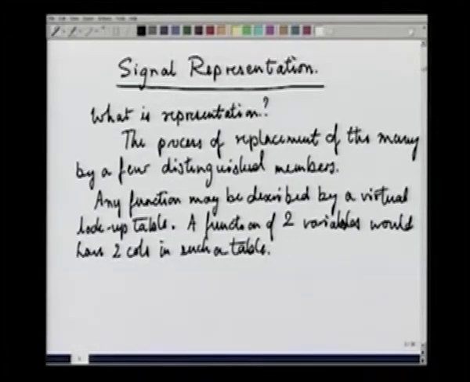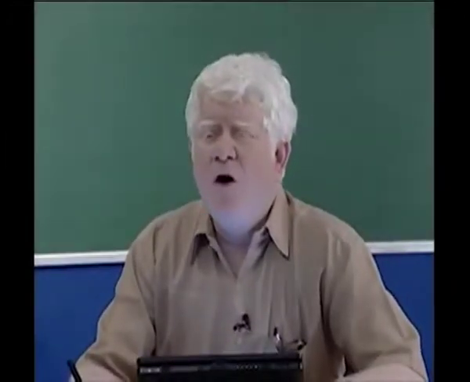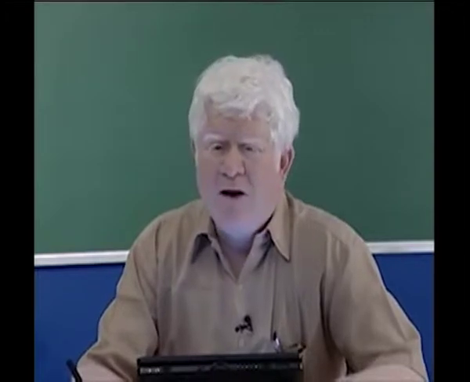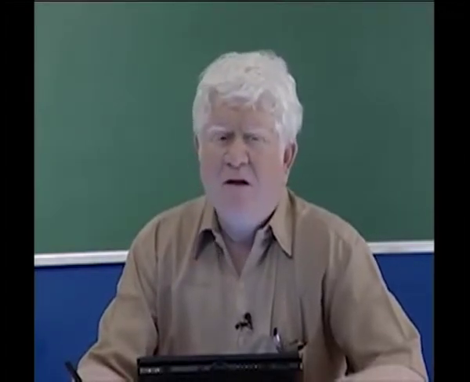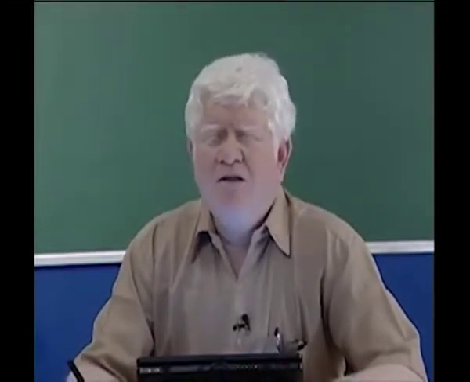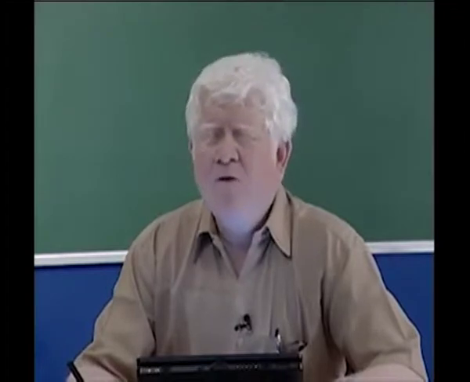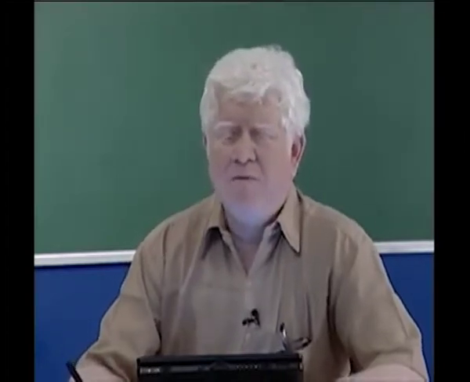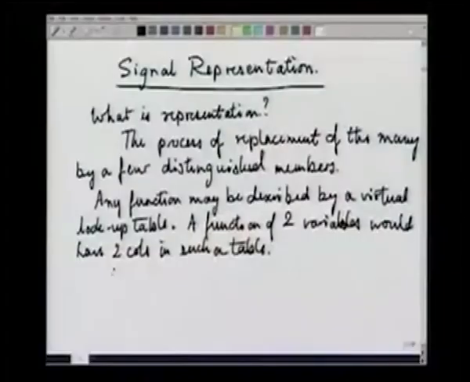The left column would carry a list of all possible values that the independent variable can take, and the right column would carry the corresponding values that the function takes against each value of the independent variable. So, you would have a table that looks like this: values of x on this side and values of f of x on this side. This is what I mean by a lookup table.